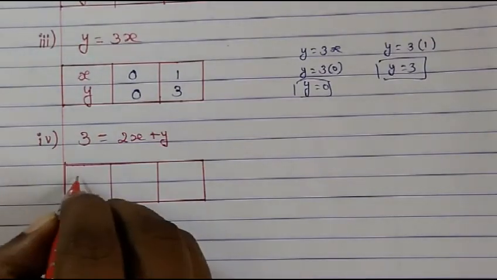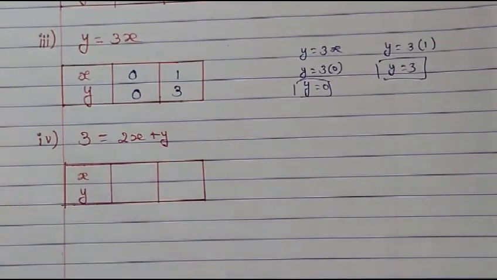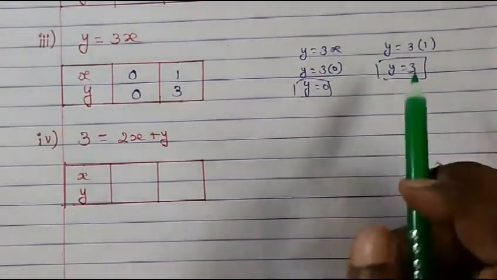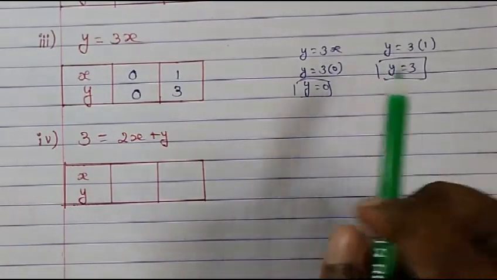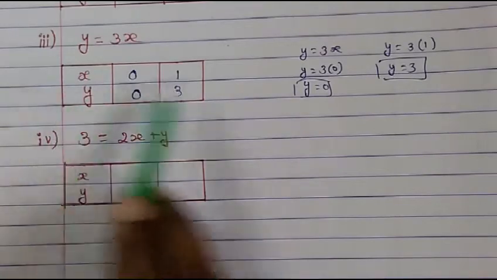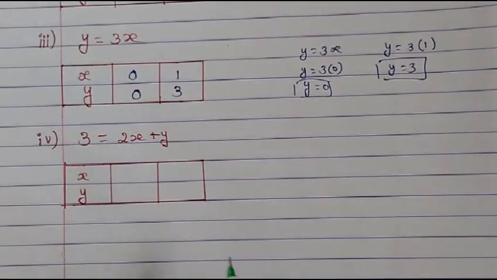Okay, so now let's do the fourth one. Fourth also we have to draw the box. This calculation is not compulsory, but if you do it, then you don't make a mistake. If you can do it directly, you can, but this box you have to make compulsorily. So now let's take x.